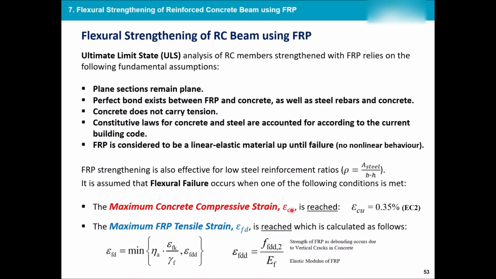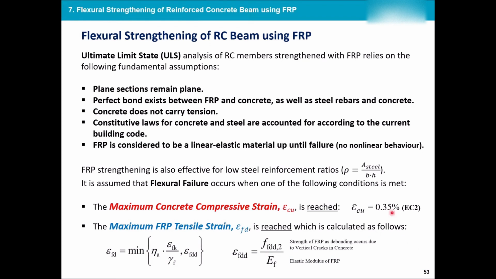And as you can see, both of them relate to the strain. So either my concrete compressive strength is reached. Again, concrete has very good compressive resistance. So we're looking at the concrete compressive strain. We have reached that strain and my concrete has blown up. So I have failed.